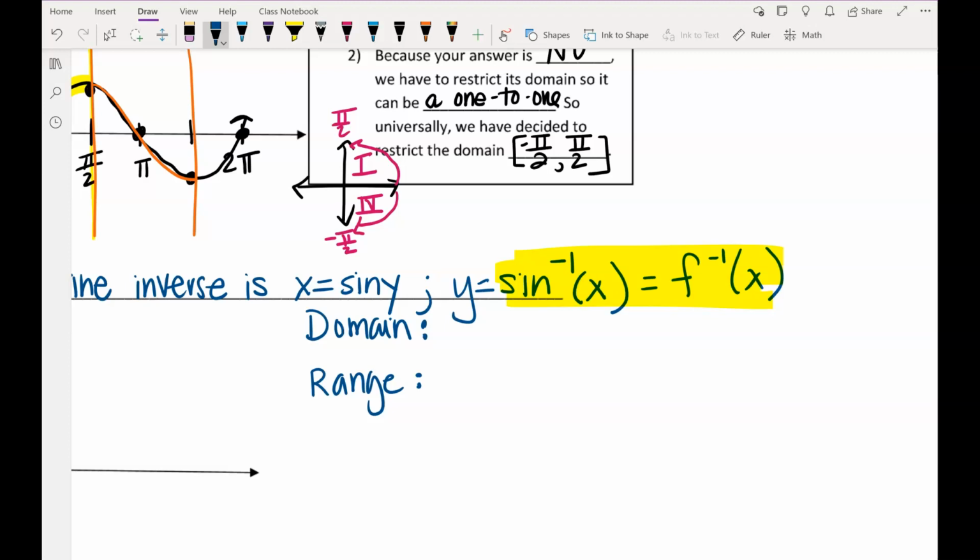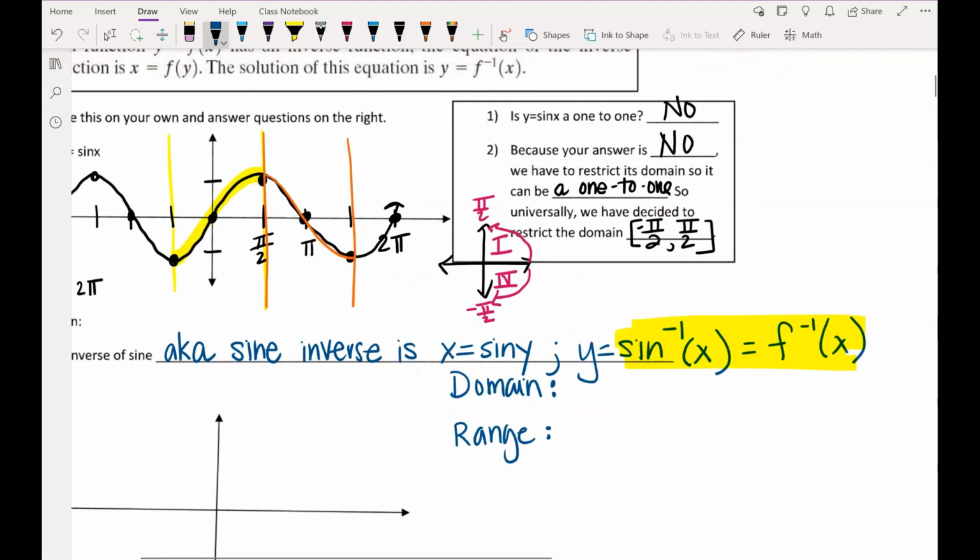What is it? And where did it come from? What is the domain of sine inverse? Lucas, where did you get that? Yeah. Remember, if you look at the original graph, can you see the range of the regular is from -1 to 1 only? So that's why the domain of the inverse is inclusive from -1 to 1.